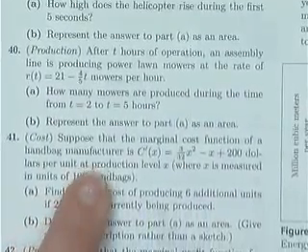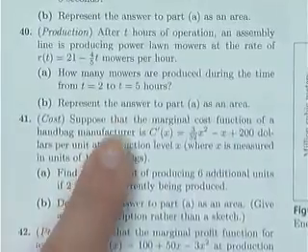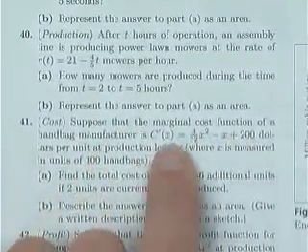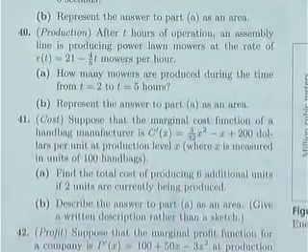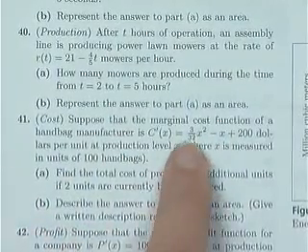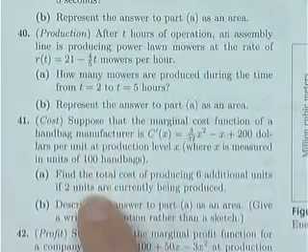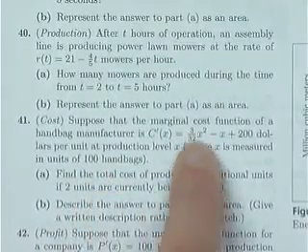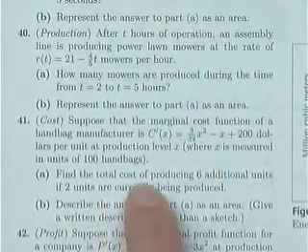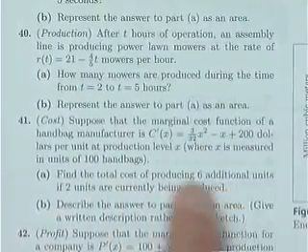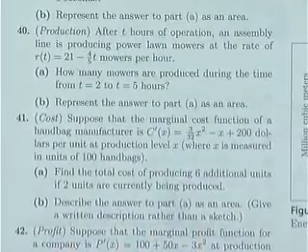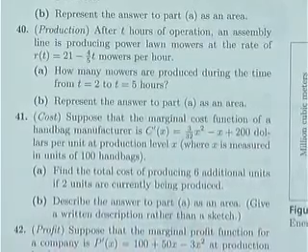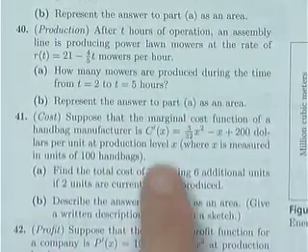Let's look at number 41. Marginal cost function. We already know what marginal cost is: the cost of producing the next item. That's a derivative. Find the total cost of producing 6 additional units if 2 are currently being produced. So to go from 2 units to 8 units, what's going to be your total cost?